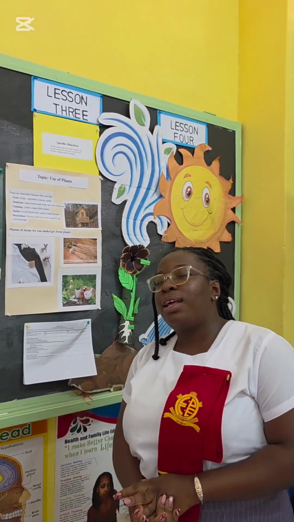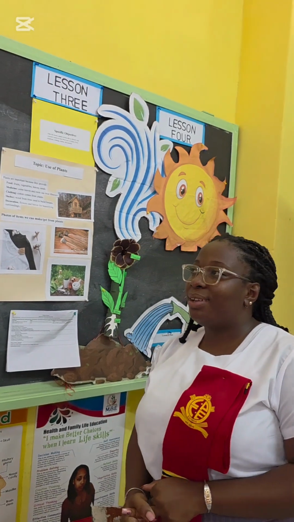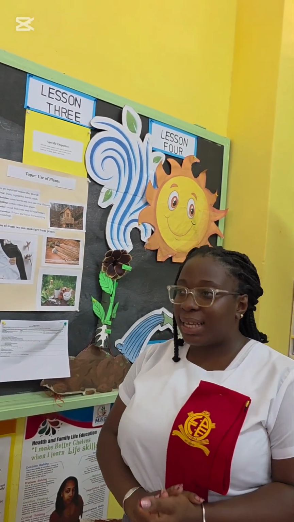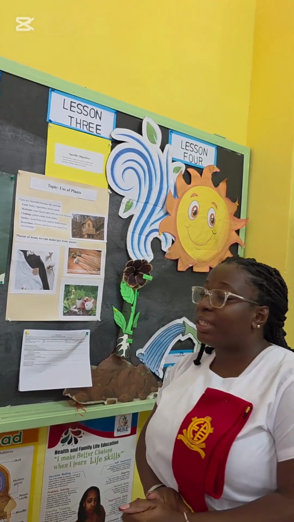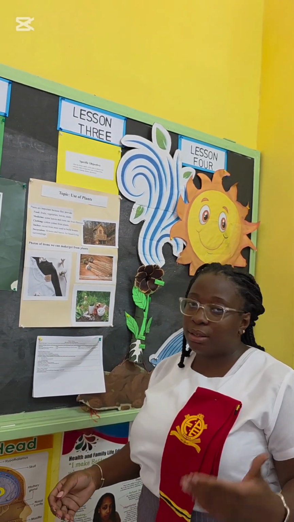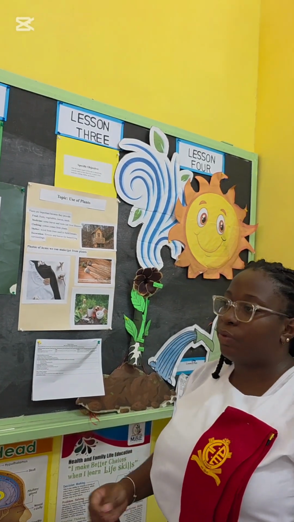So it was a very interesting skit. The pupils were very excited to participate, and it was a very interactive session. After that lesson, they could tell me how plants make their food and what plants need to make their food.